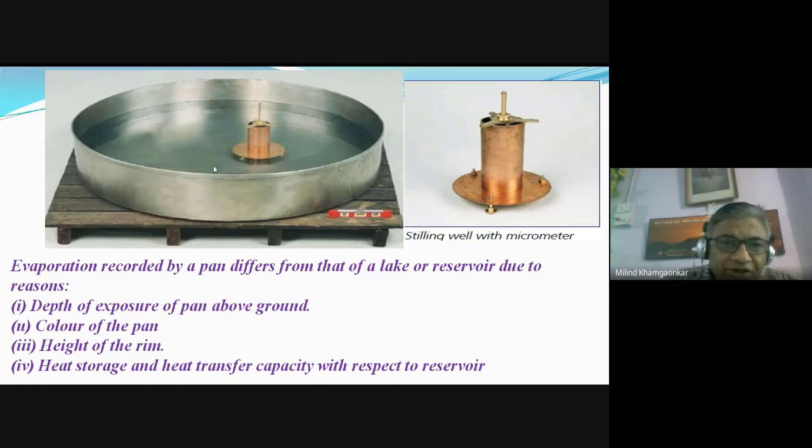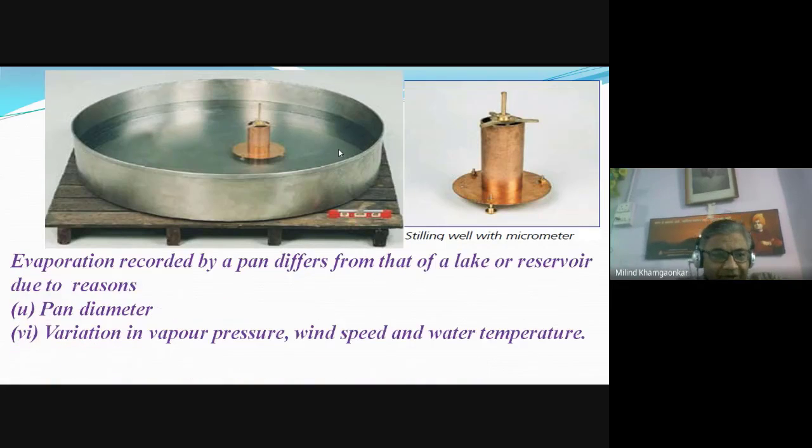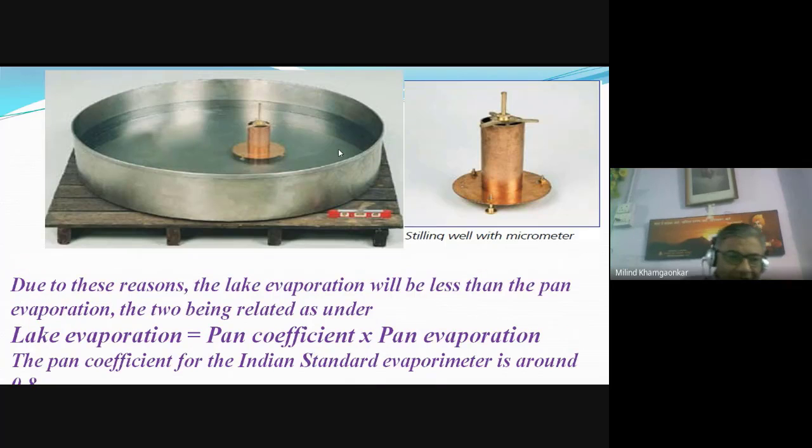But the conditions of the reservoir are different from the conditions of this pan evaporimeter or evaporation pan. There is one constant called the pan coefficient, which gives the exact quantity of lake evaporation.